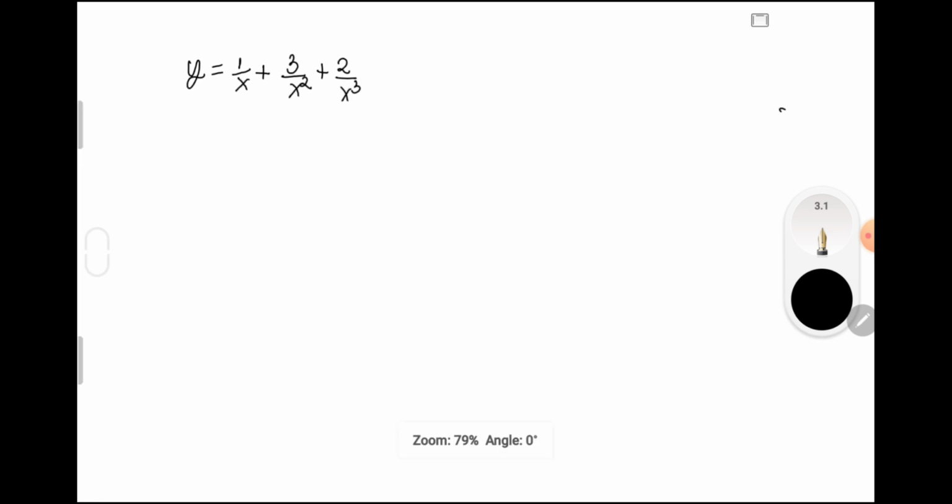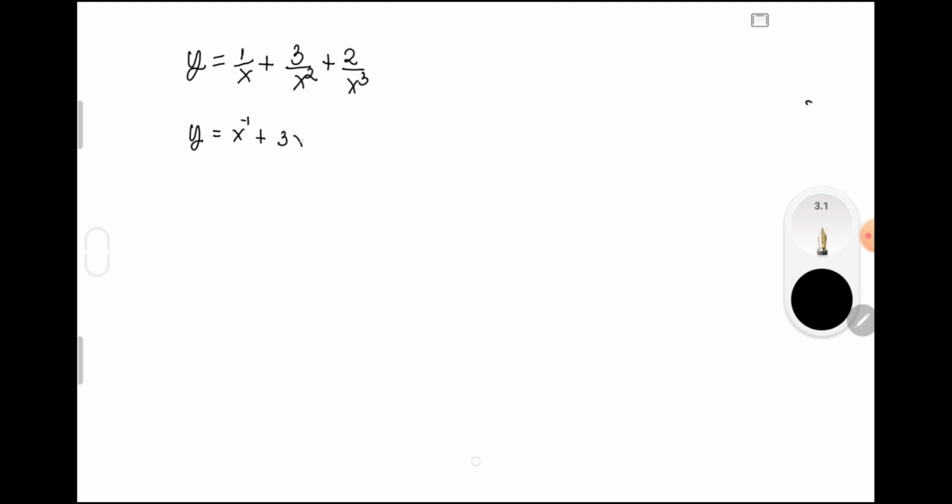So take note that we may write this as y is equal to x raised to negative 1 plus 3 multiplied by x raised to negative 2 plus 2 multiplied by x raised to negative 3.